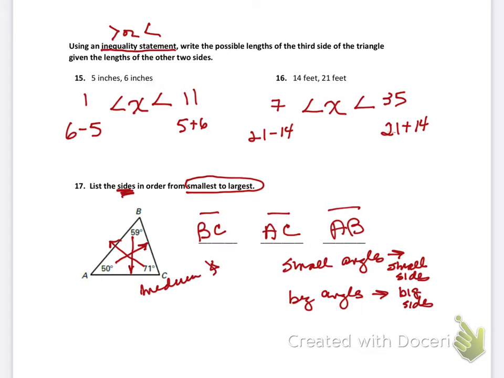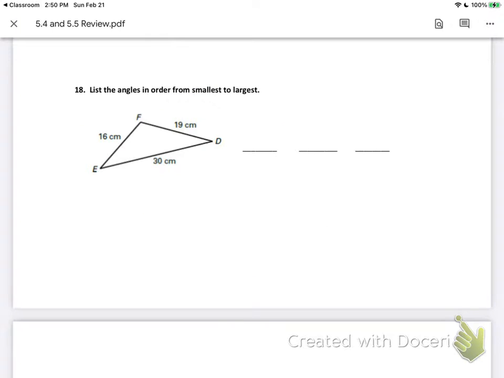Medium angles yield medium sides. All right, so that should be clear, okay? So just visualize why that's true, and you'll always get this correct. Okay, let's go to the next page.